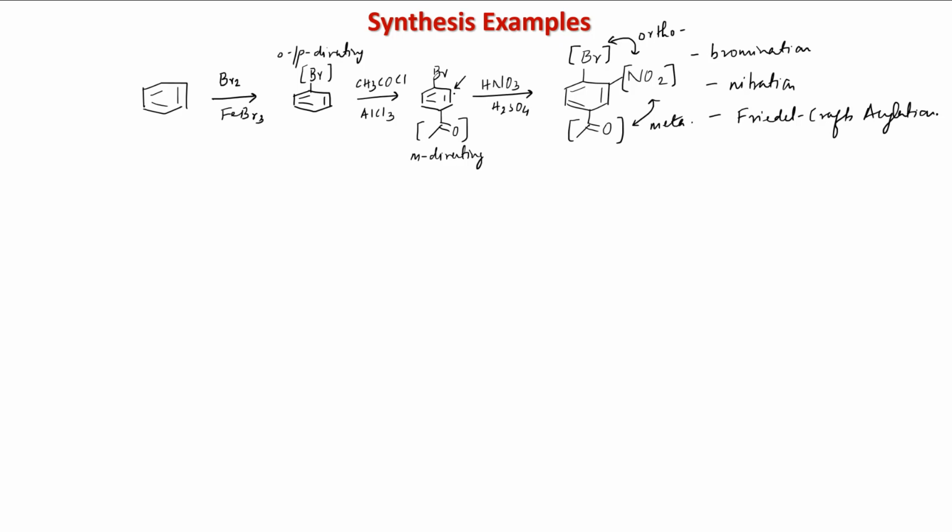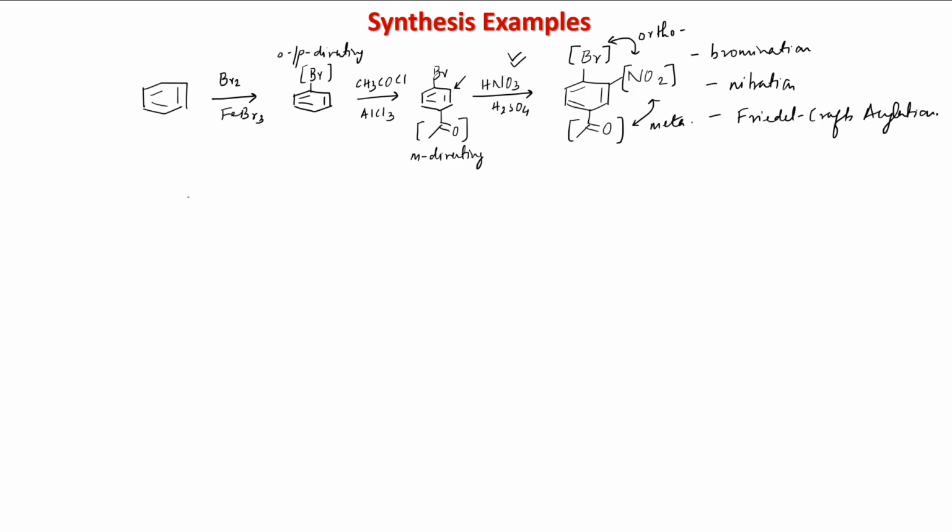It is the ortho position of the bromine, which is also the meta position to the acyl group. So both those groups are directing the incoming electrophile, the nitronium ion, to that position. So this synthesis would work actually. This is a good synthesis that we've done.